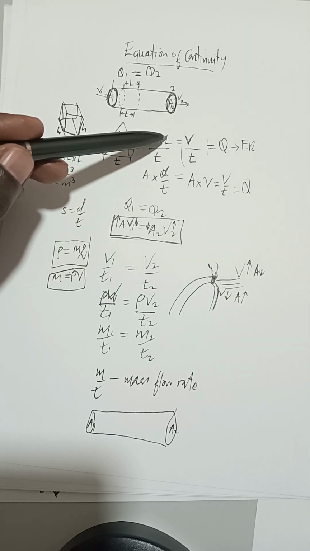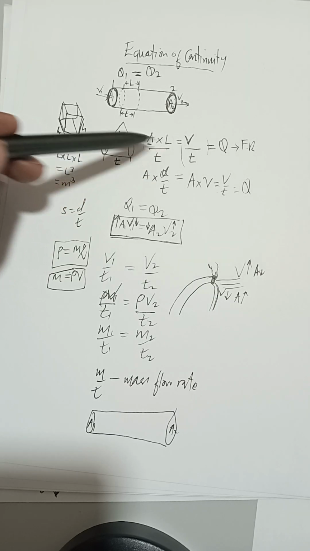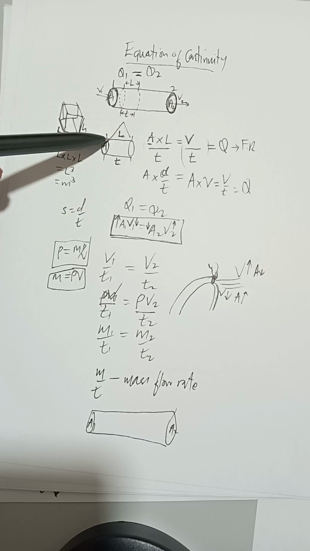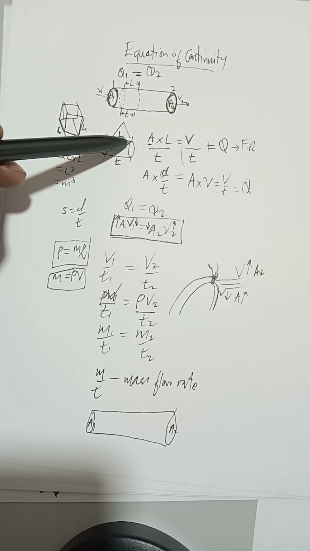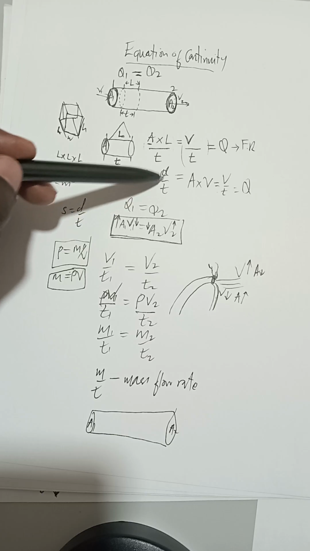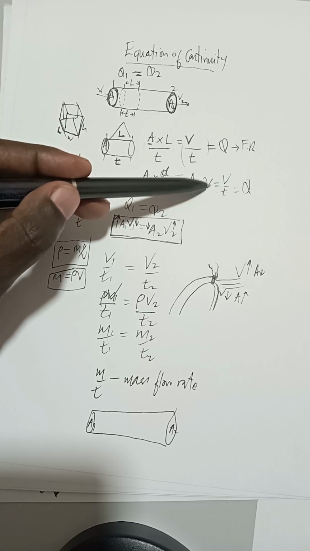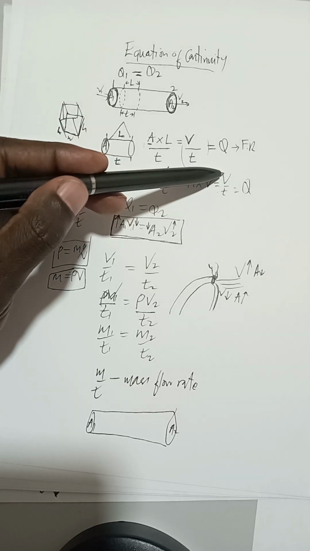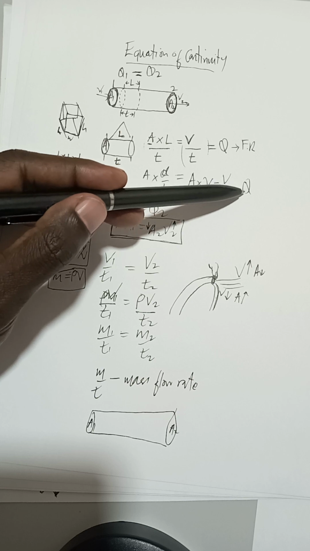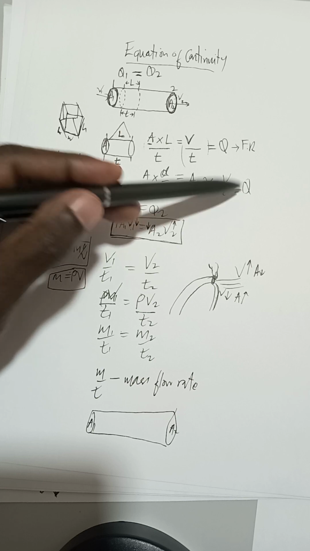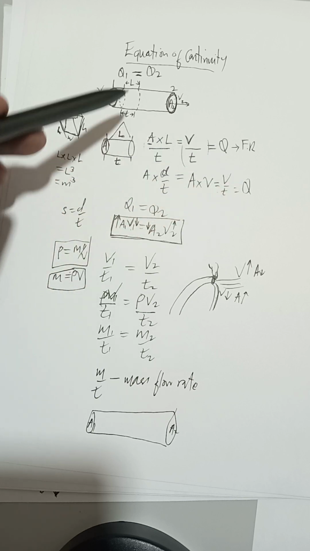Area times length, the distance moved, divided by time, distance over time, equals area times speed or velocity, which equals volume over T, which is the flow rate Q.